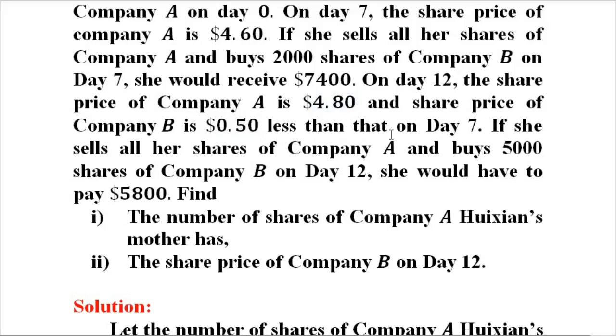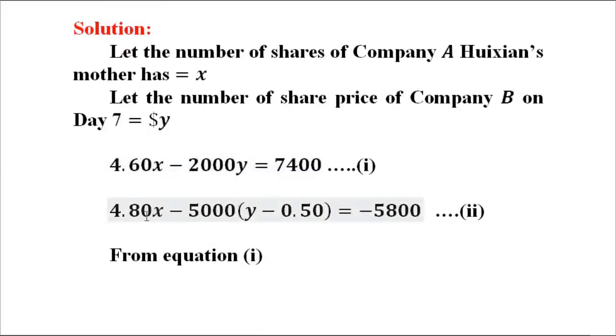If she sells all her shares of company A and buys 5,000 shares of company B on day 12, she would have to pay $5,800. So the equation form of the statement becomes 4.80x - 5,000(y - 0.50) = -5,800.